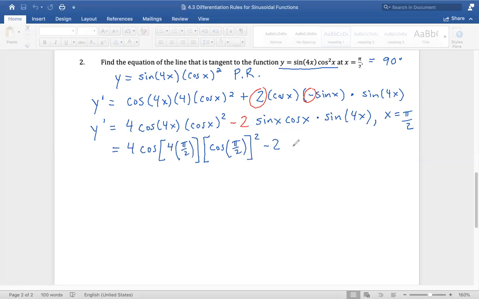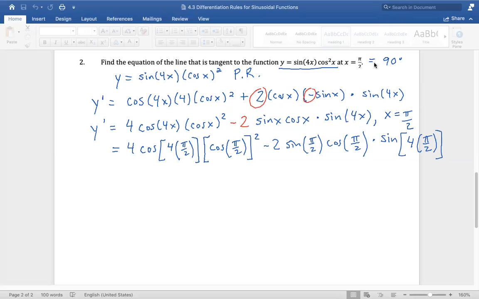Minus 2 sine of pi over 2, cos of pi over 2, figure out what those values are at this radian or x degree of 90 degrees, multiplied by the sine of, again, bracket 4 times pi over 2. Nothing is squared there.